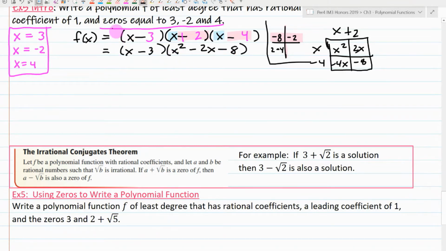Now to multiply this out, again, you can use a box method if you'd like. So for the box method, you do exactly the same thing as you did over here. Or you can distribute, whichever way you would like. So let me go ahead and do the box method, since you guys like to do that method.